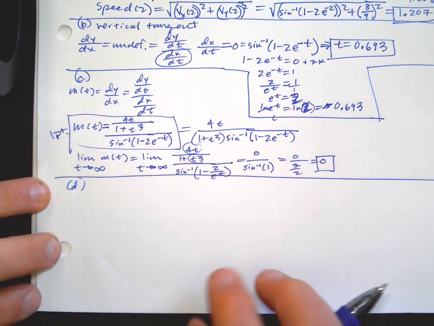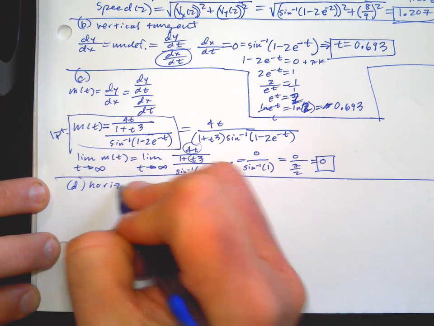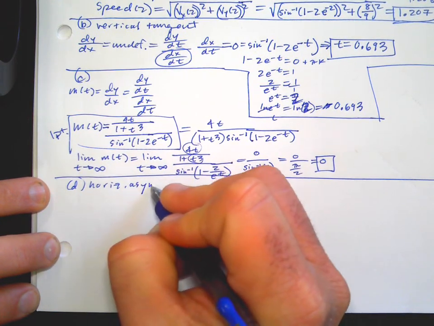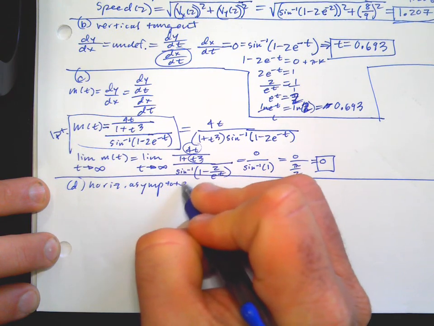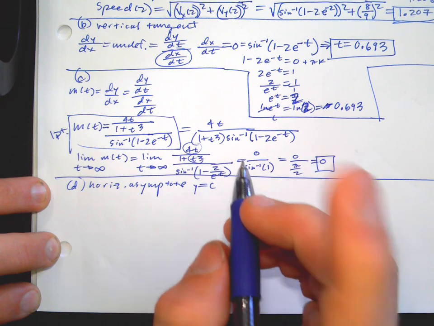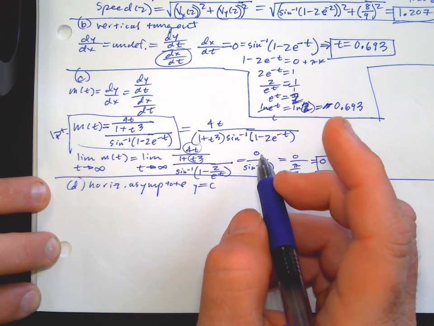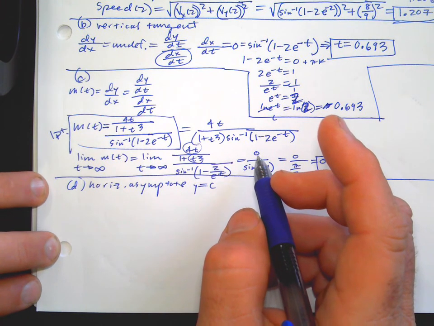D says the graph of the curve has a horizontal asymptote. So that's in behavior. Y equals C. Write but do not evaluate an expression involving an improper integral that represents this value c. Okay.